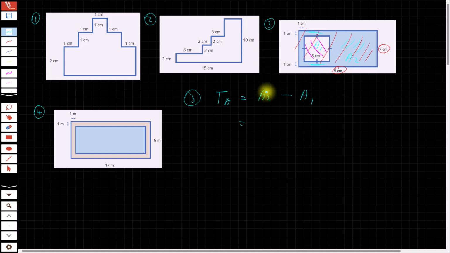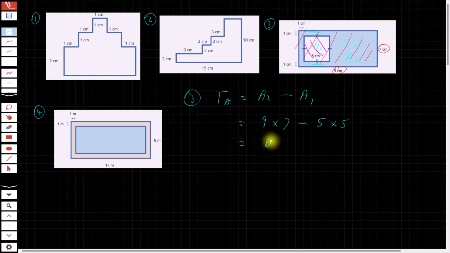So let's calculate the area of A2, the large rectangle. It's 9 centimetres by 7 centimetres, which equals 63 centimetres squared. But let's go back one step before we calculate that. Let's finish the calculation here. A1 is 5 by 5 centimetres.